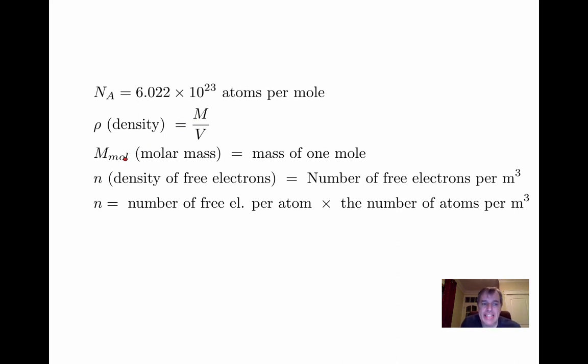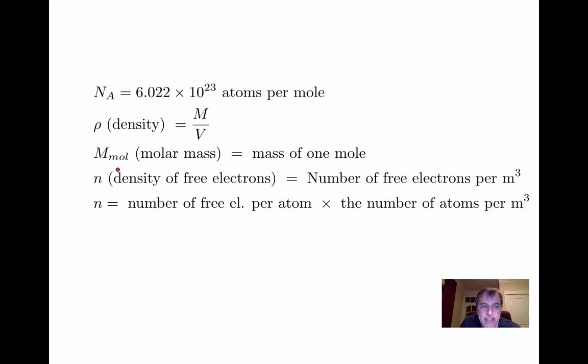The molar mass is by definition the mass of 1 mole of that material. So it's a special mass. Here in my presentation, I'm going to call it m mole to remind you that this is just a mass for 1 mole.